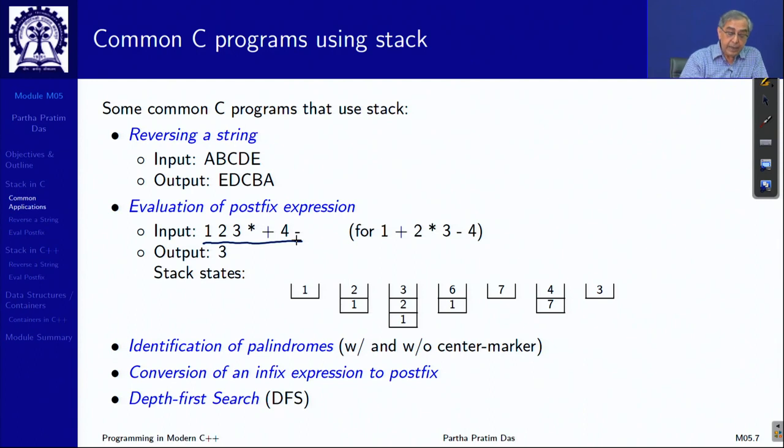Take a stack. If you keep on scanning the input from left to right, if you have a value, put it in the stack. So, you put 1, you have a second value, put it in the stack, push, third value, push, then you get an operator. The moment you get an operator, you know the arity of the operator, that is how many operands it will need.